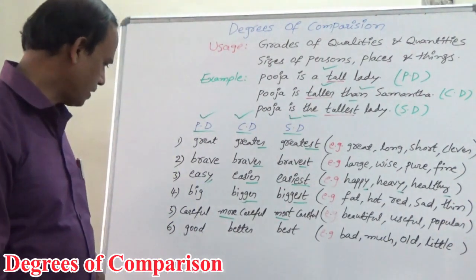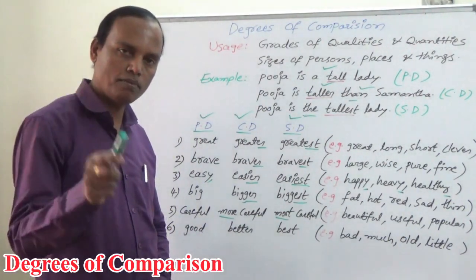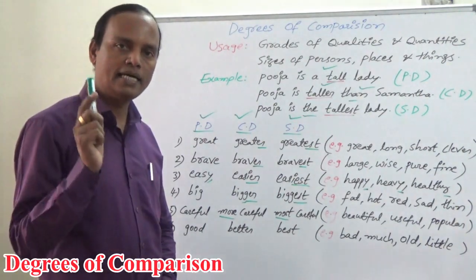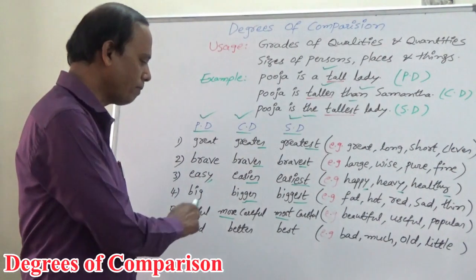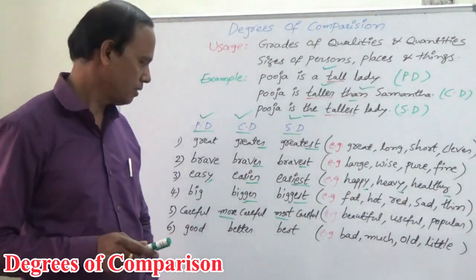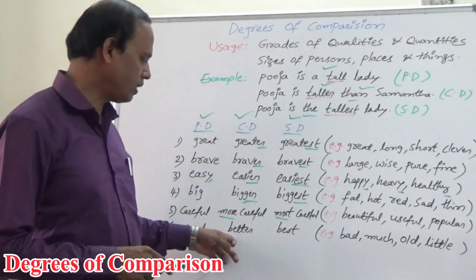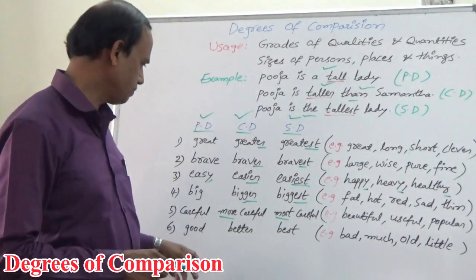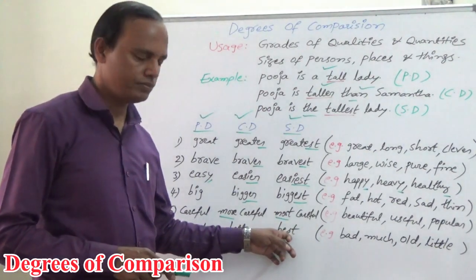Alright, my last example of the formation of the words in degrees of comparison. So this method of degrees of comparison is called irregular comparison. Alright, in this example you can see different words in degrees. Good, better, best.